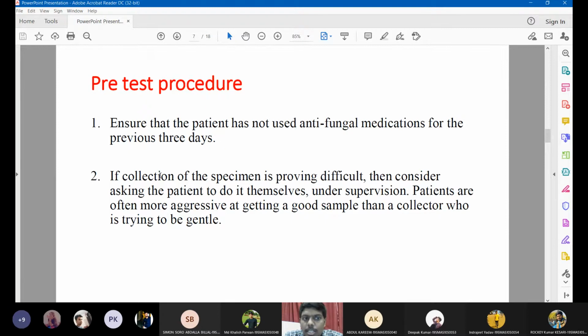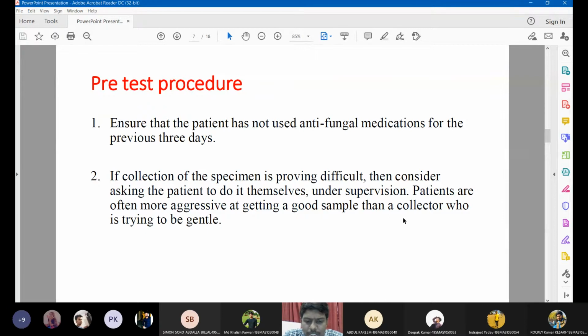The second one is, if collection of specimens is proving difficult, then consider asking the patient to do it themselves under supervision. Patients are often more aggressive at getting a good sample than a collector. Sometimes, by seeing the severity of the fungal infection in the patient, we may have a polite nature with the patient.